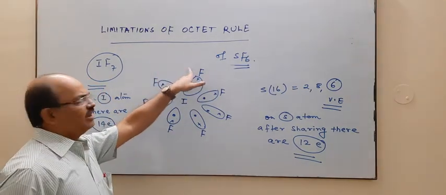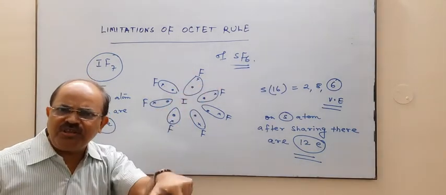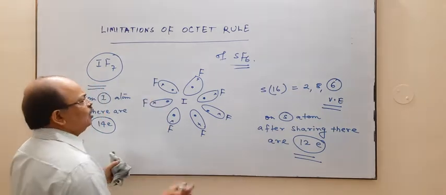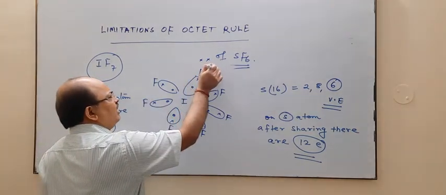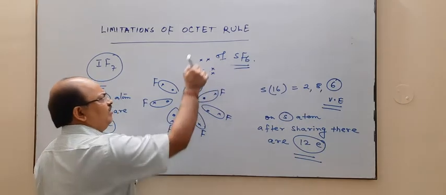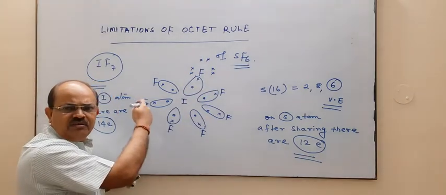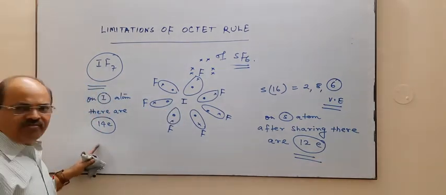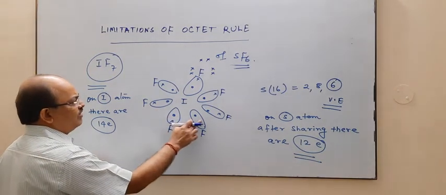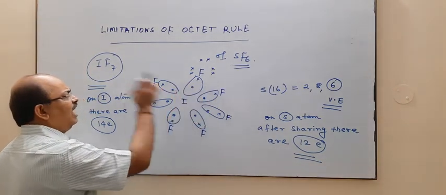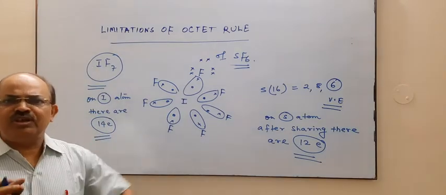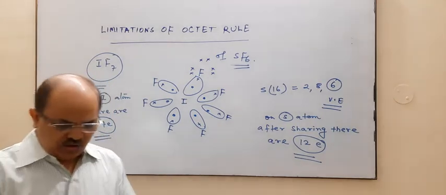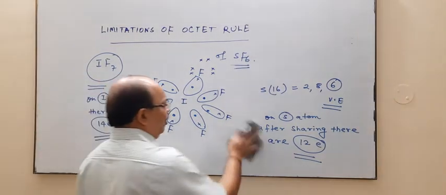This fluorine again has 6 electrons left. उसको शो करने की जरूरत नहीं, आप समझ रहे हैं इस बात को। 2, 4, 6 and 7 and the same situation आपको बाकी फ्लोरीन में भी होगा. So what happens on iodine? After sharing 2, 4, 6, 8, 10, 12 and 14, we have our 14 electrons, so it has a super octet. So these are your limitations of octet rule.